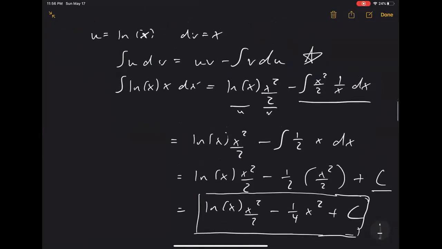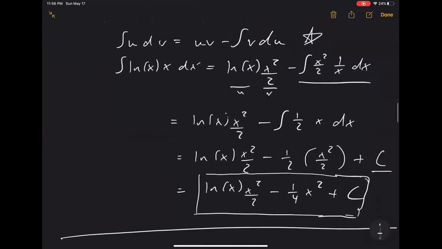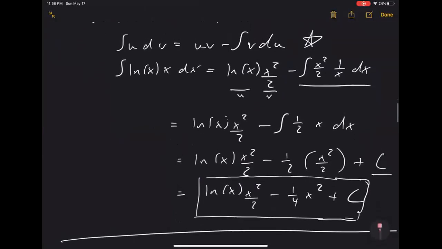Then we plug our u and v into that formula and we integrate something easier. This integral is usually going to be easier than our original, and we get our antiderivative.